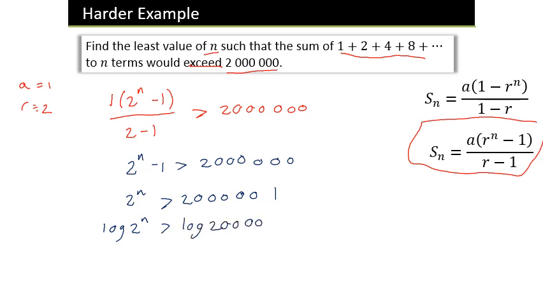All right, 1, 2, 3 zeros, there we go. Then, using our laws of logs, we can rewrite this as n log 2. And therefore, to find n, we would divide by log 2.